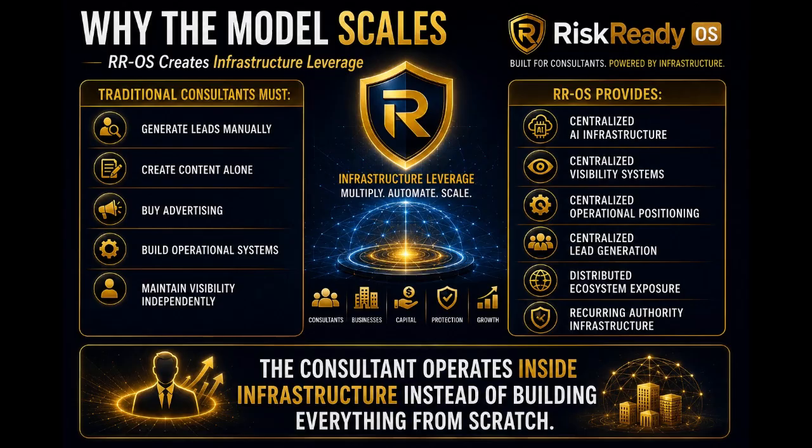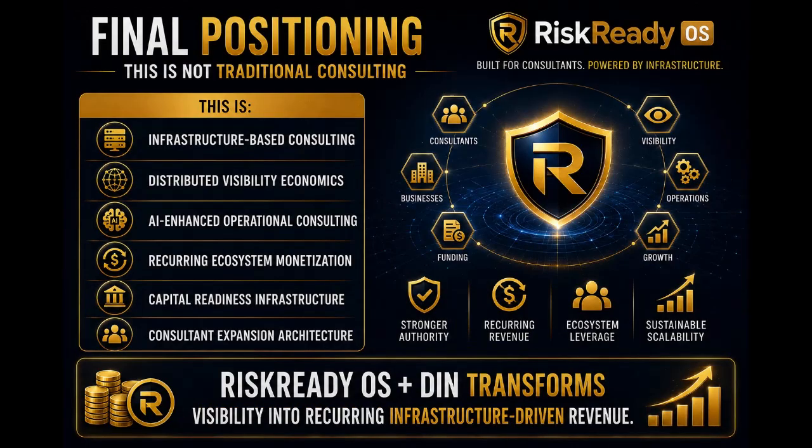RiskReady OS provides centralized artificial intelligence infrastructure, centralized visibility systems, centralized operational positioning, centralized lead generation, distributed ecosystem exposure, and recurring authority infrastructure that changes the consultant's role. The consultant operates inside infrastructure instead of building everything from scratch. This is what allows the model to scale beyond traditional consulting.